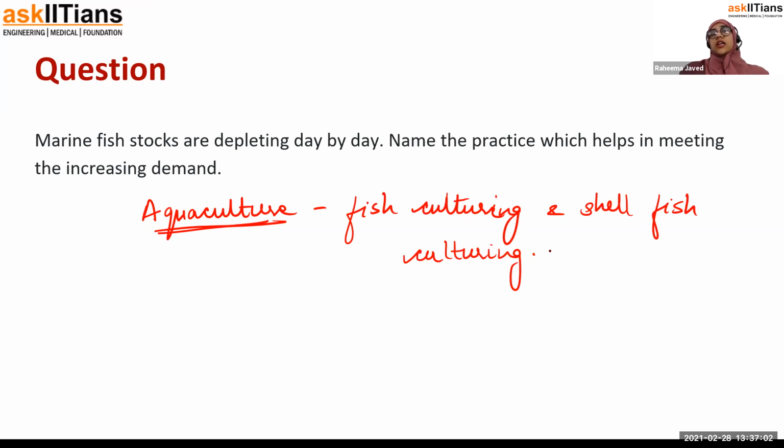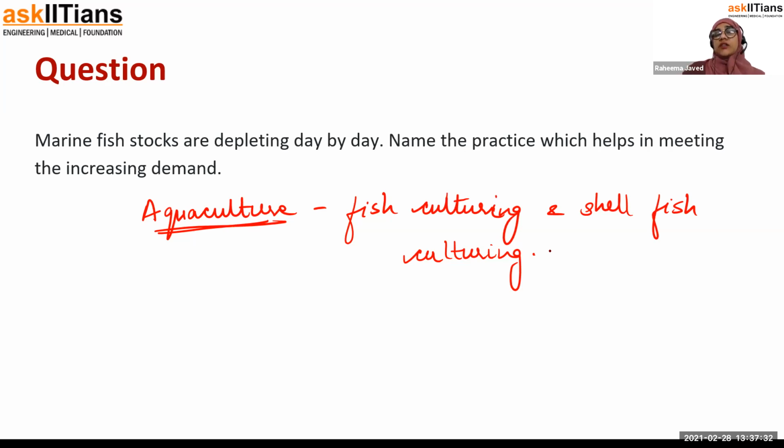Okay, so we are not only culturing the fishes, we are also culturing the other aquatic animals. Like shellfish, or you can include other examples. I'm sure you must have many, and this helps in meeting the increasing demand because we are not taking the fishes directly from their source.